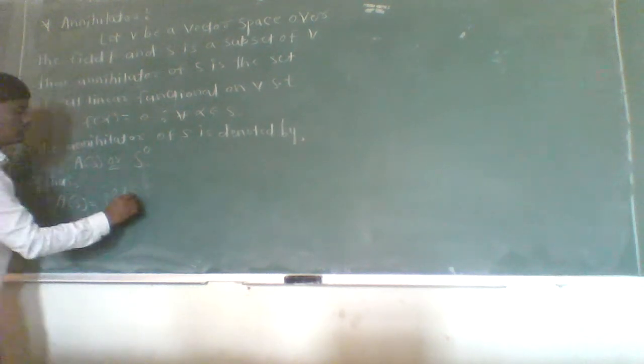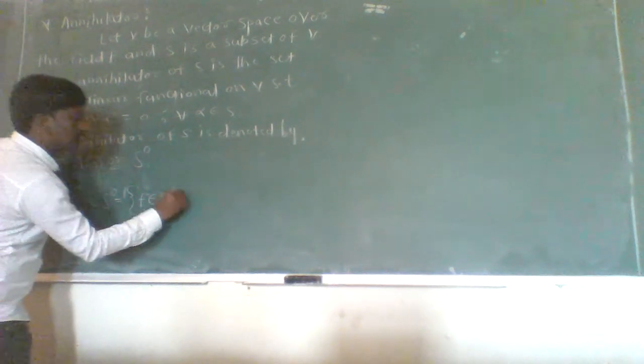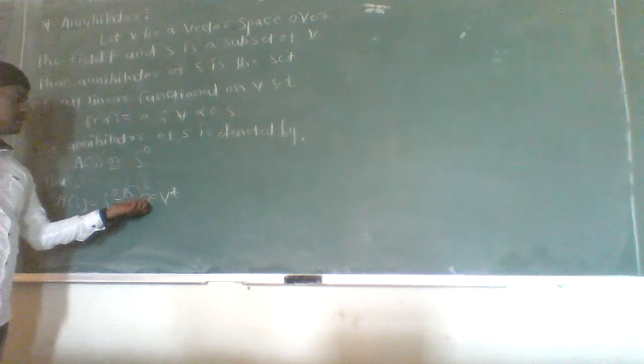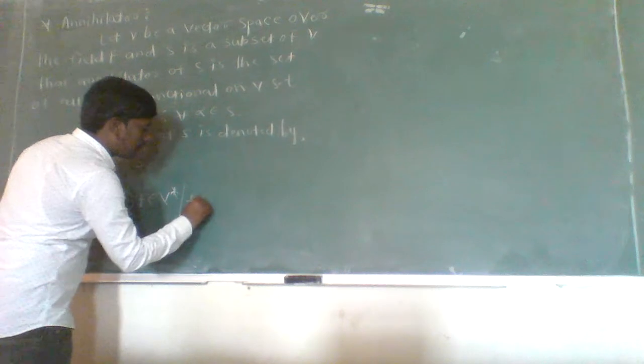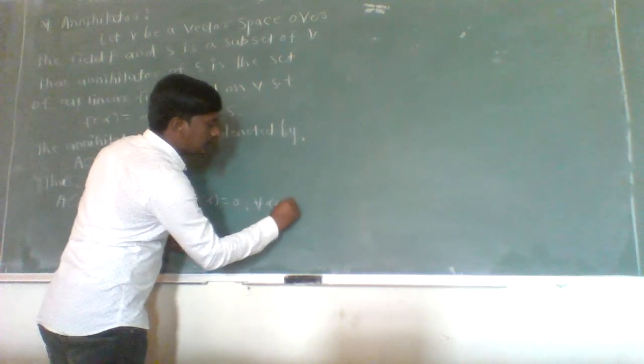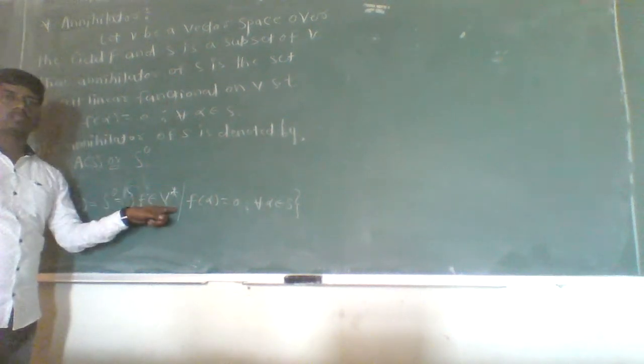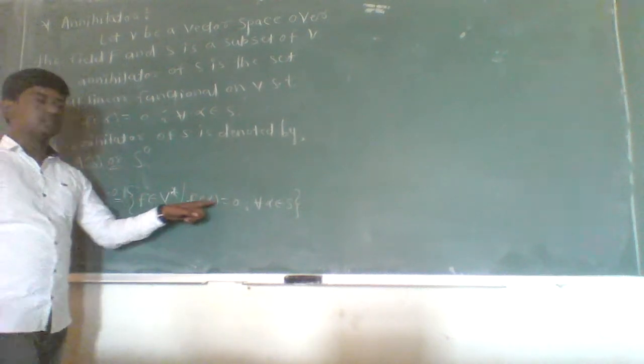Thus, symbolically, A of S, that is S annihilator, contains all those linear functionals, which are members of V star, such that f of alpha equal to 0 for each alpha belonging to set S. So the annihilator of set S contains all those linear functionals belonging to V star such that f of alpha has a 0 value.